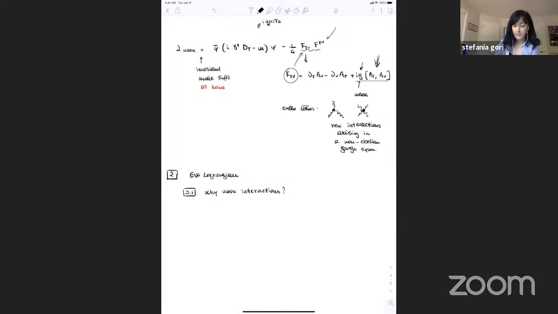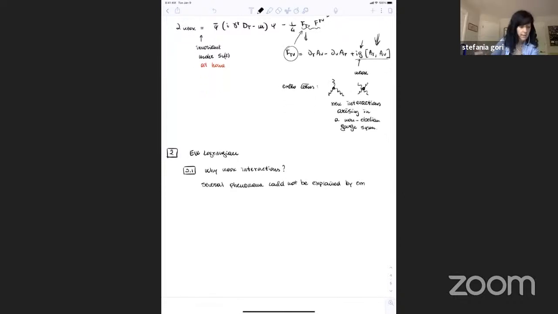The reason that historically we introduced the weak interactions is that we had quite a bit of data that we didn't know how to explain in the context of electromagnetism. So several phenomena could not be explained by electromagnetism. And the classic example is beta decay.